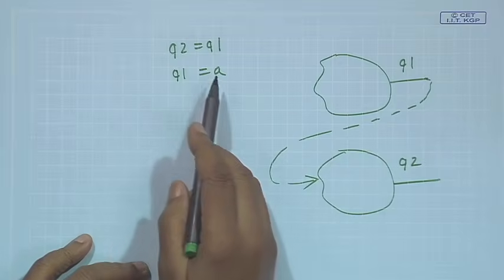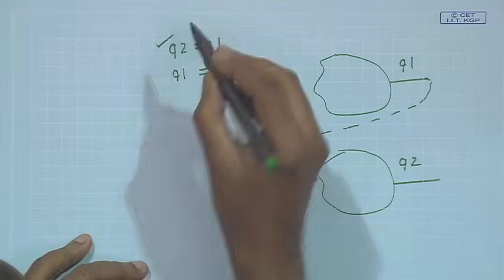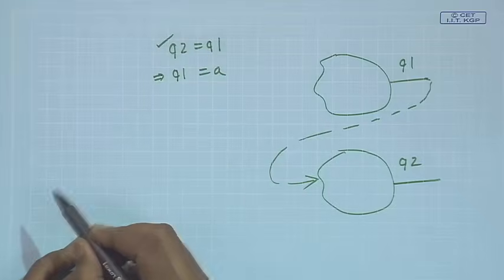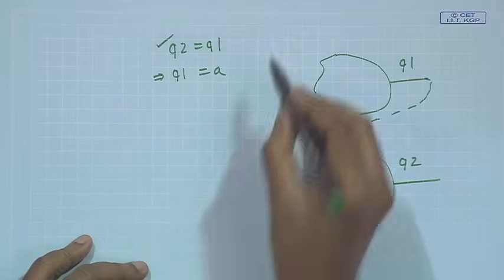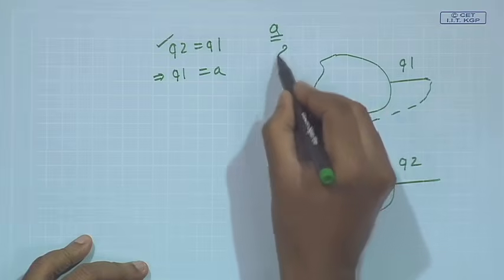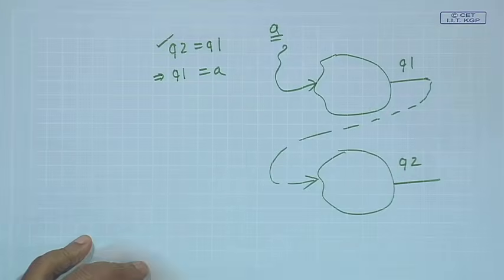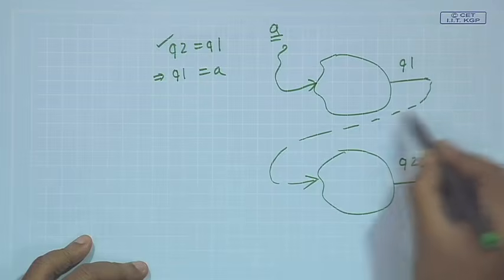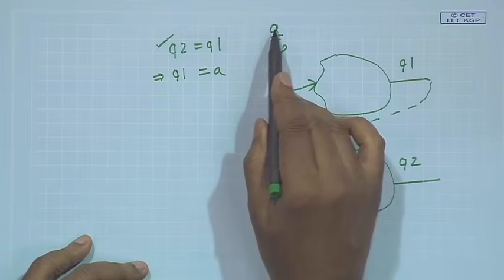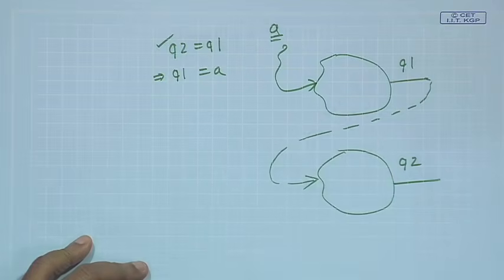Secondly, we are saying some other variable, A, will go to Q1. So, the old value of Q1 will go to Q2, this A will be going to Q1.